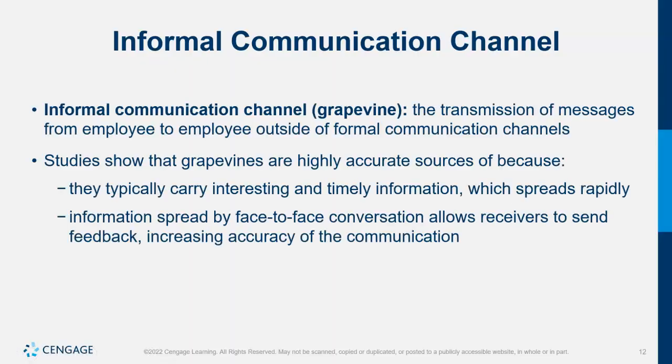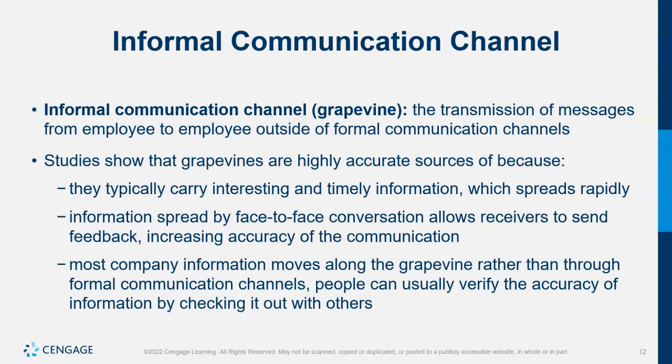There are also informal communication channels. You might hear this as water cooler talk or the grapevine. And this is just the transmission of messages from employee to employee outside of formal communication channels. Studies have shown that the grapevine or water cooler talk are really accurate sources of information because they typically have interesting and timely information, which spreads fast.